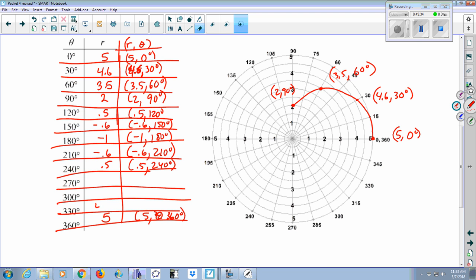Then it's symmetric. 300, I'm 3.5. And 270, I'm 2.